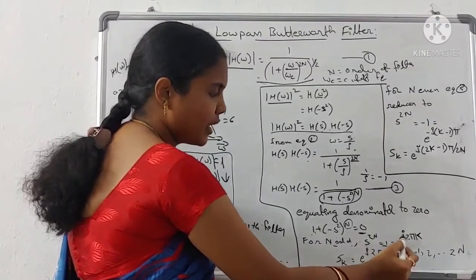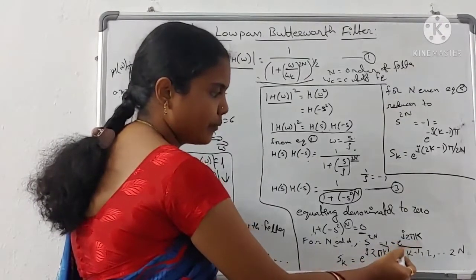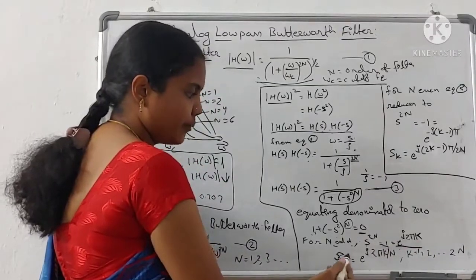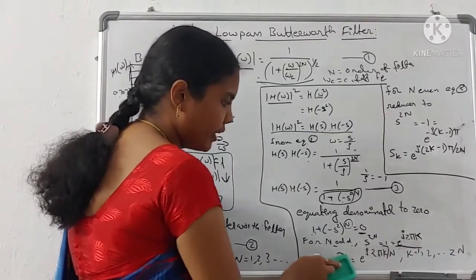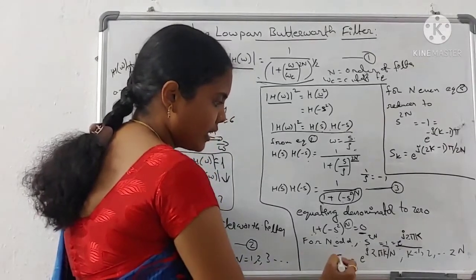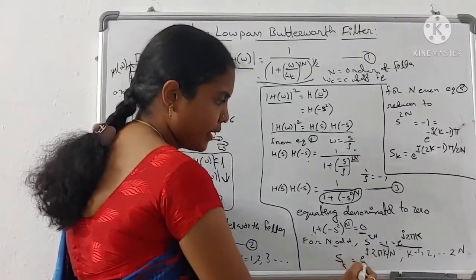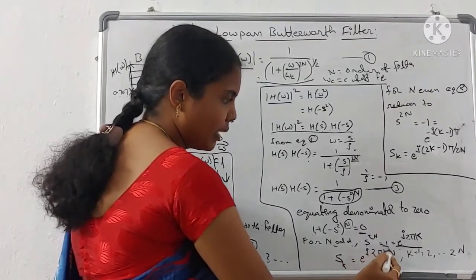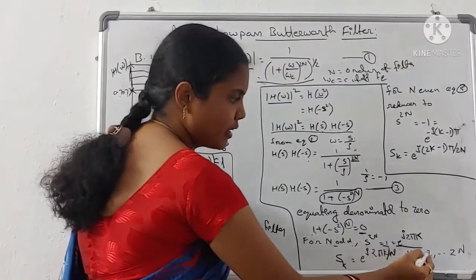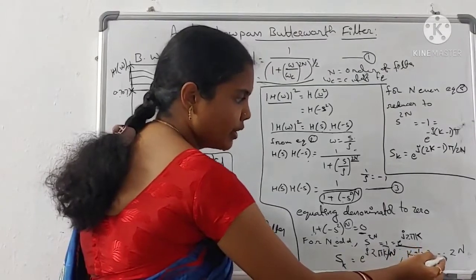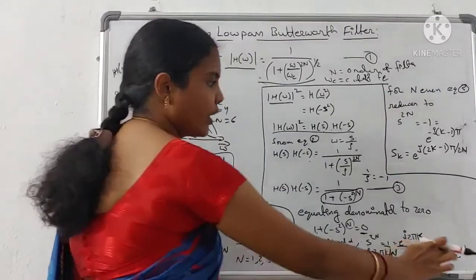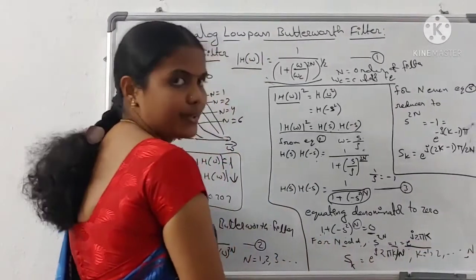So 1 is nothing but e power j 2 pi k. If you find the poles, s suffix k is equal to e power j 2 pi k by n. Here k takes the values 1, 2, 3 and so on up to n.